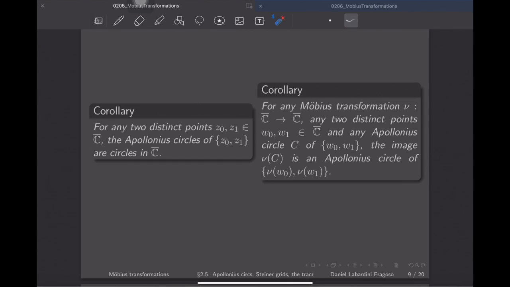Well, I can move from an Apollonius circle of a pair of distinct points to an Apollonius circle of 0 and infinity, and then from there to an Apollonius circle of another pair of distinct points.